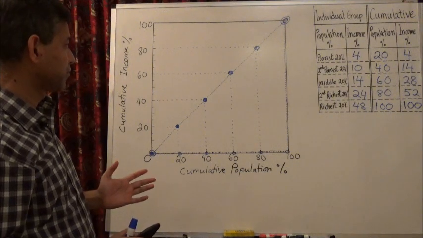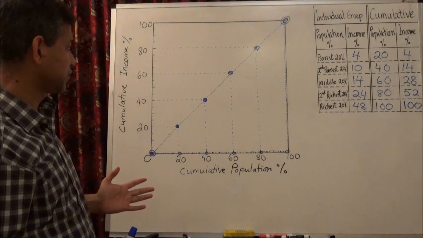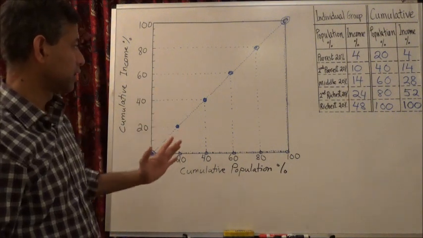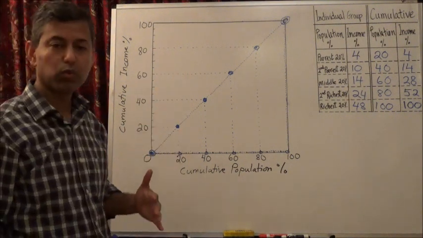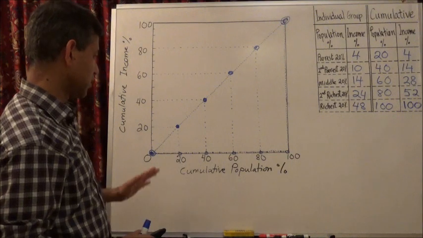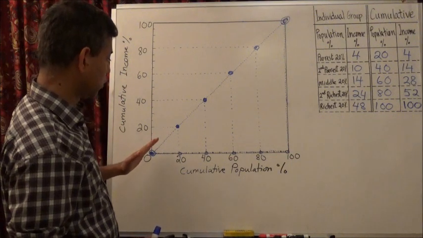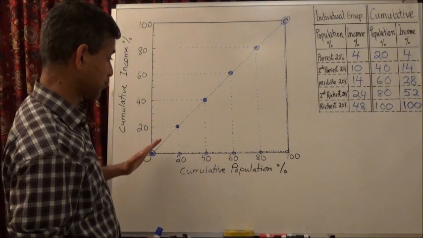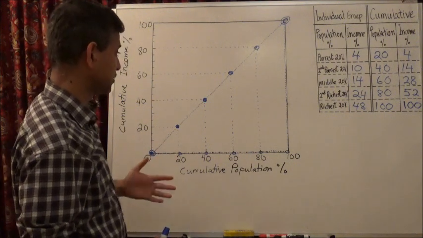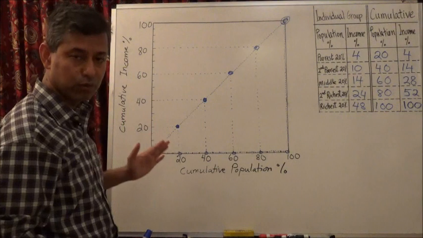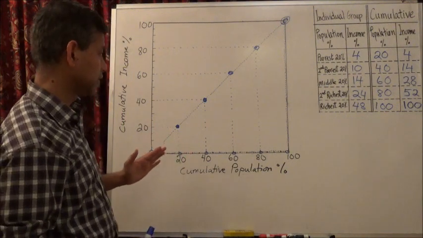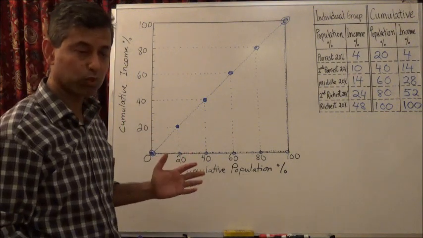What's the task after that is to fill in the middle, basically wondering where are the points in between. So what I've done is I've gone ahead and drawn one extreme example, extreme in the sense that if everyone in the country had the exact same income, then what would it look like?